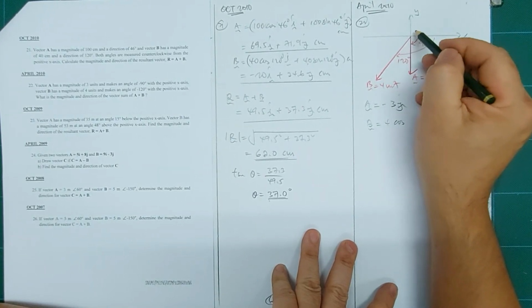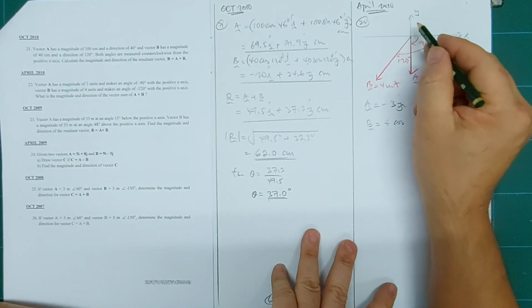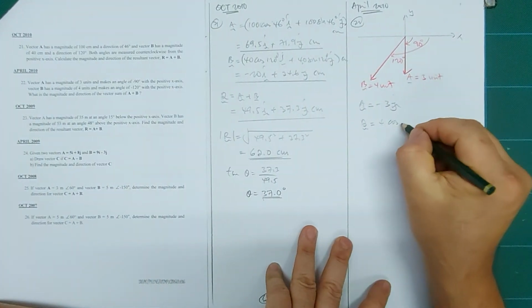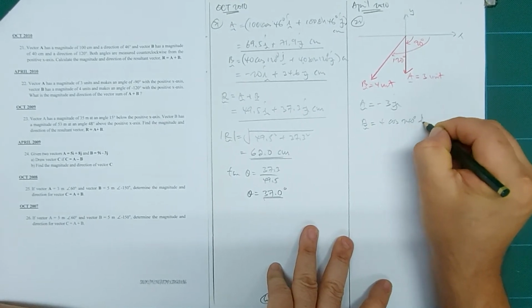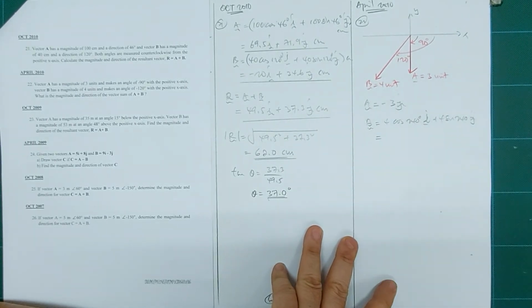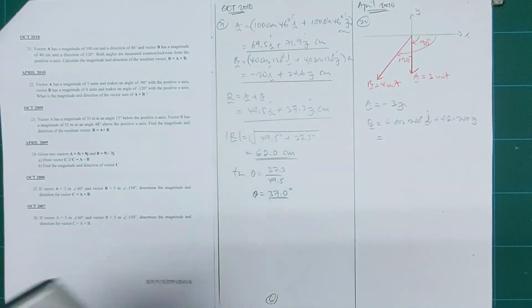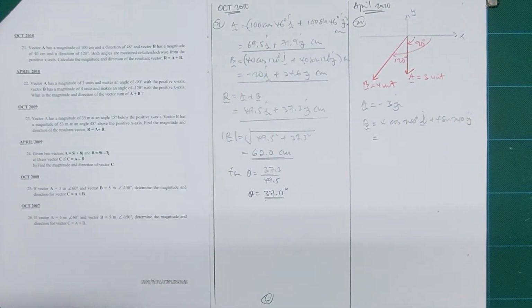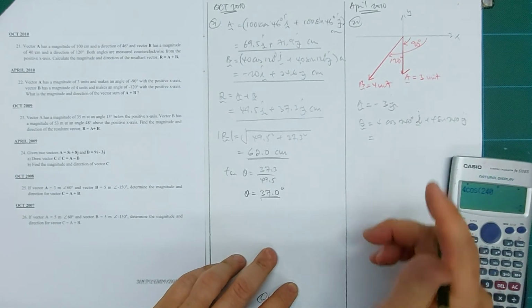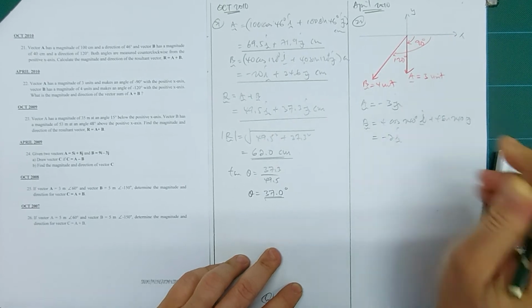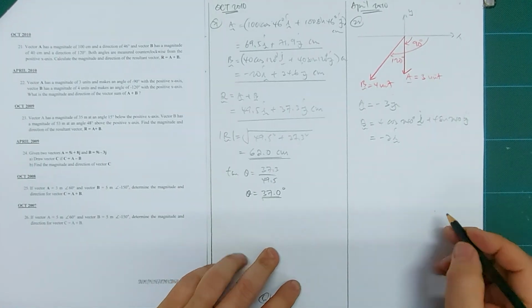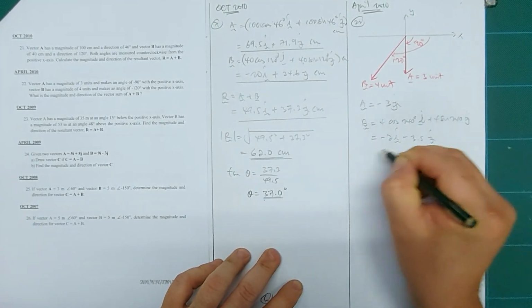Now what is this angle? 360 minus 120, you have 240. So 4 cosine 240 i plus 4 sine 240 j. 4 cosine 240, our answer is negative 2i, and 4 sine 240 should be negative also, negative 3.5j.